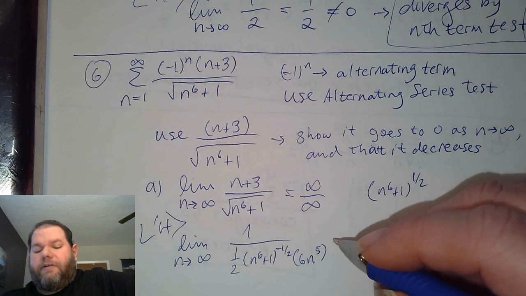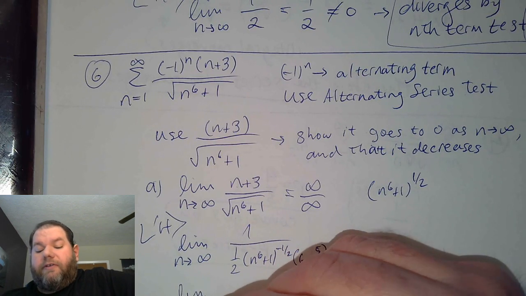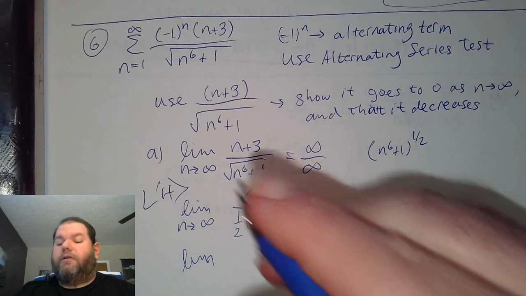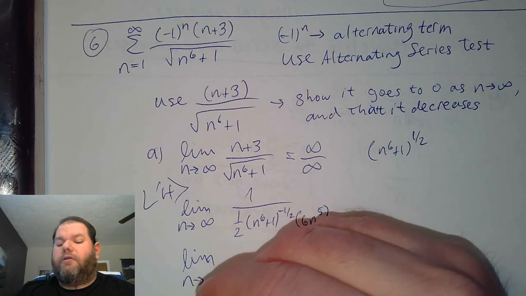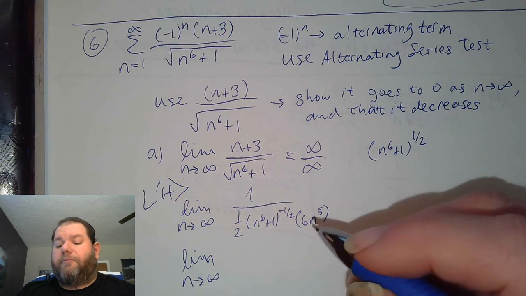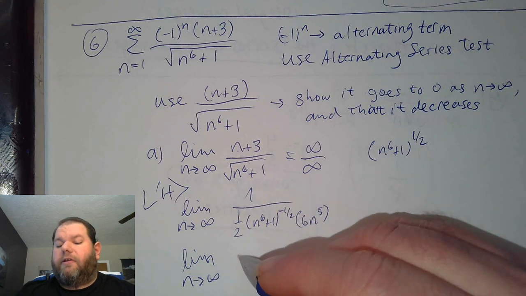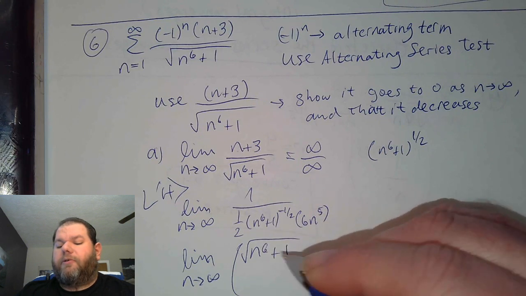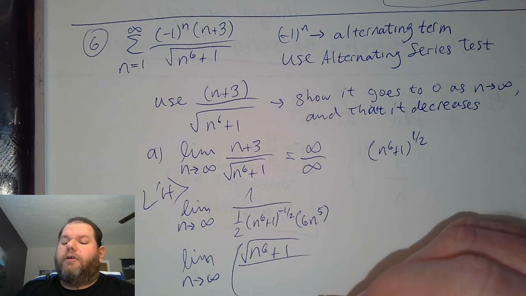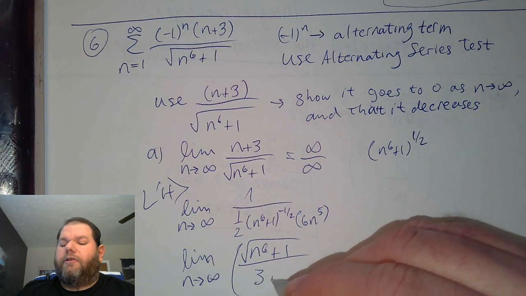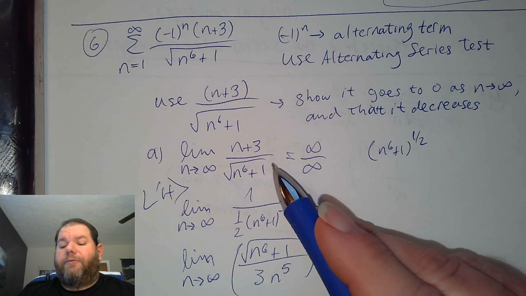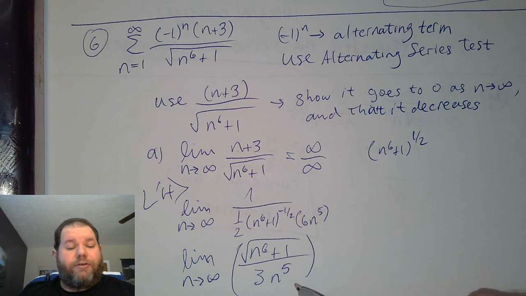What happens here, and this is a little silly, is we end up rewriting this. And so we get square root of n to the 6 plus 1 on the numerator now over 3n to the 5th on the denominator. And the reality is we haven't really improved our situation from applying L'Hopital's rule.